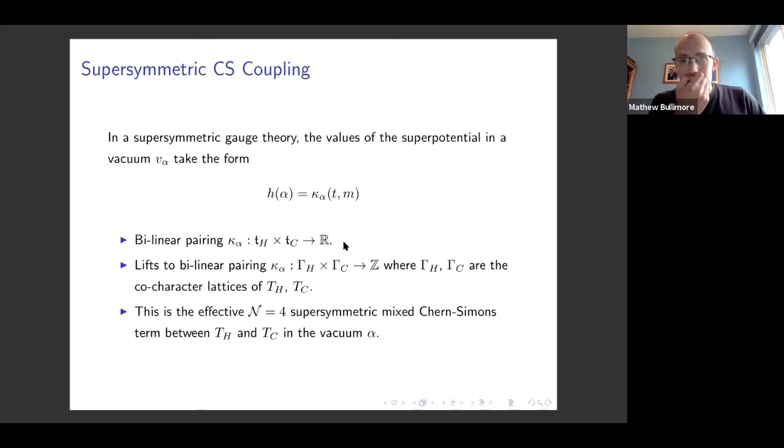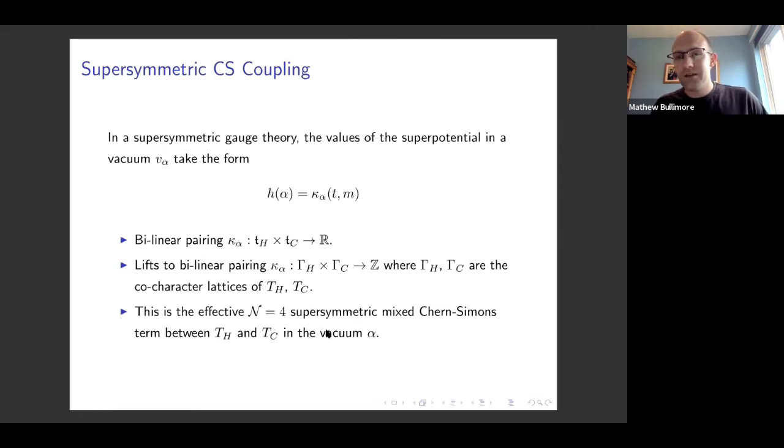Moreover, it's not just a real bilinear pairing. It lifts to a kind of discrete thing. It lifts to a bilinear pairing on the co-character lattices. So these are lattices that sit inside of the Lie algebra. And it lifts to an integer pairing on those lattices. And this is nothing but the effective mixed Chern-Simons term between the two flavor symmetries in the vacuum.